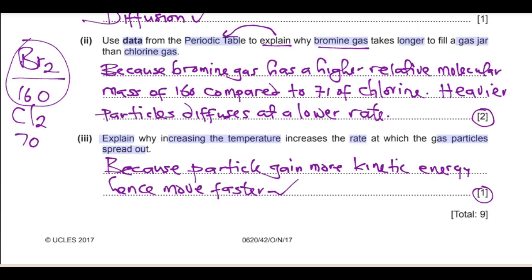And in our part 2, you get 2 marks because you state the magnitude of the gas particles. So the main key is for you to state that 160 is for bromine and 71 is for chlorine. Because you are limiting yourself to the periodic table, you will find data from the periodic table for you to come up with these magnitudes. And you state that heavier particles diffuse at a lower or slower rate.